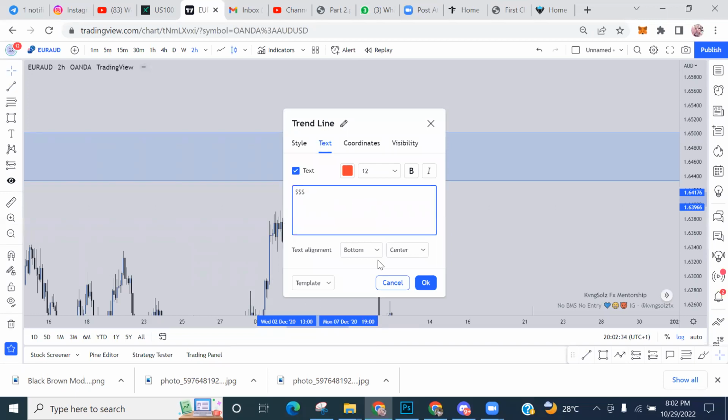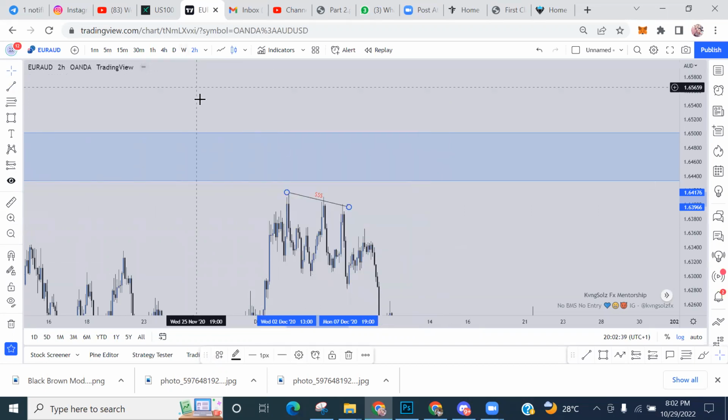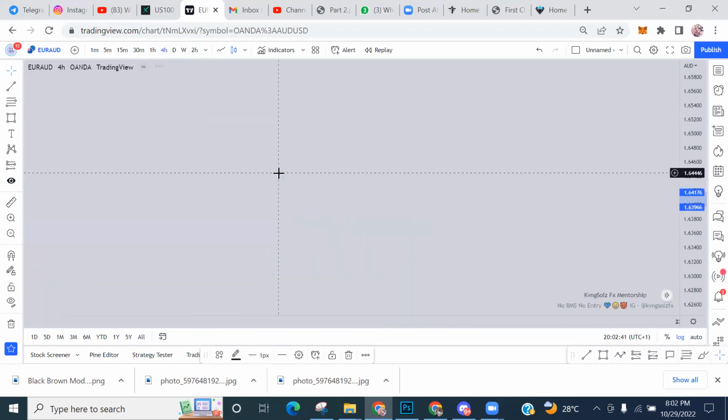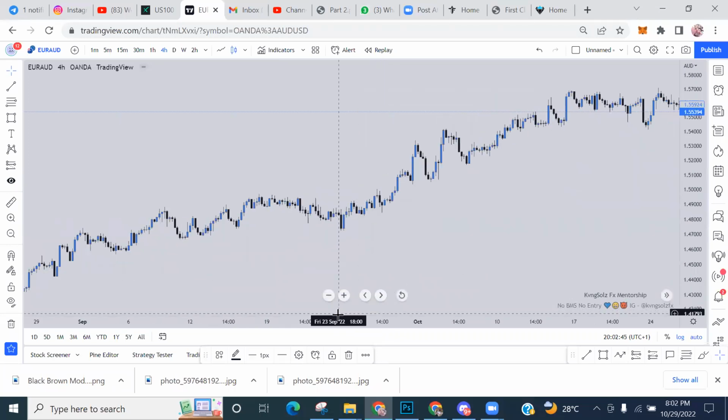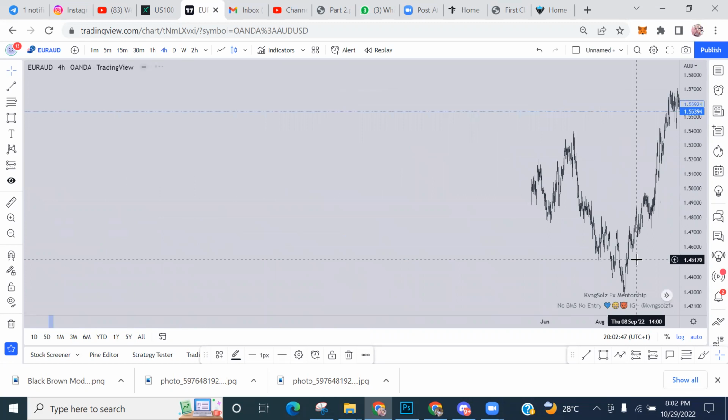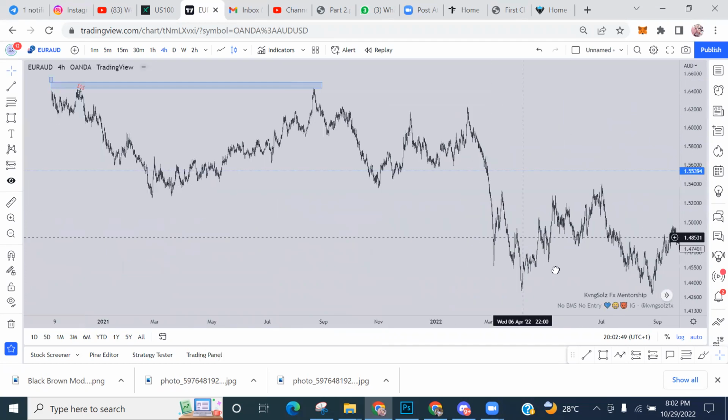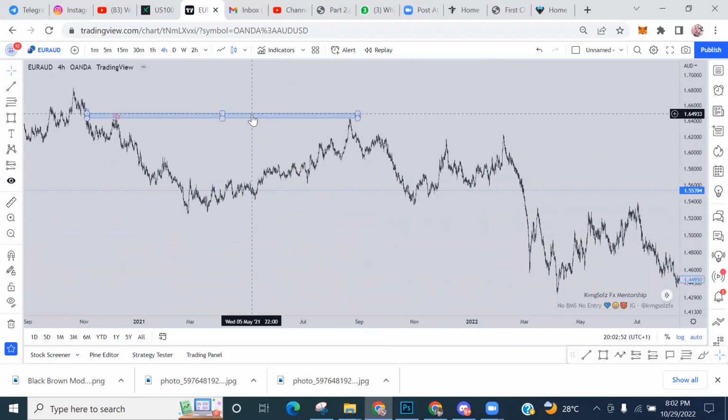This is where you do your easy markup. Go back to your 4 hours time frame. We'll name this one 2 hour supply zone respected.